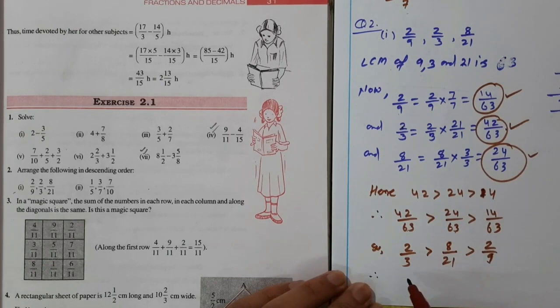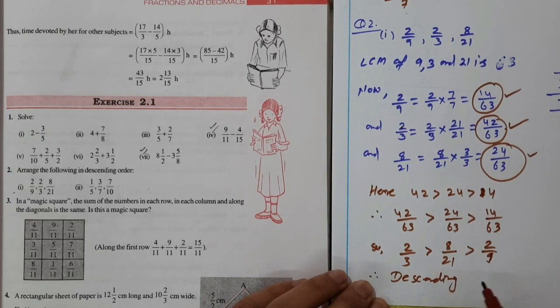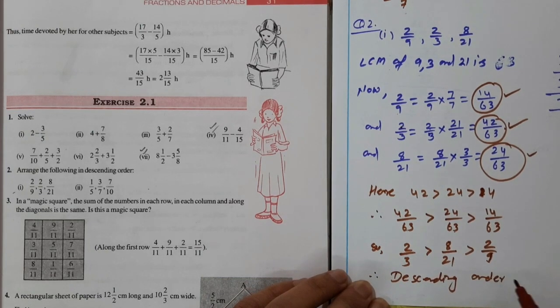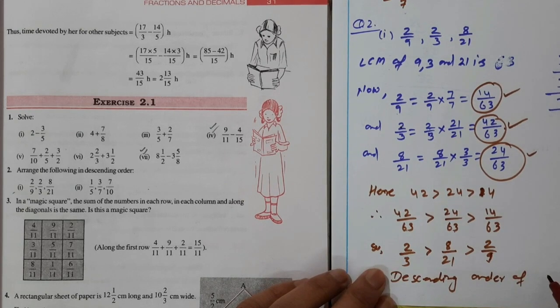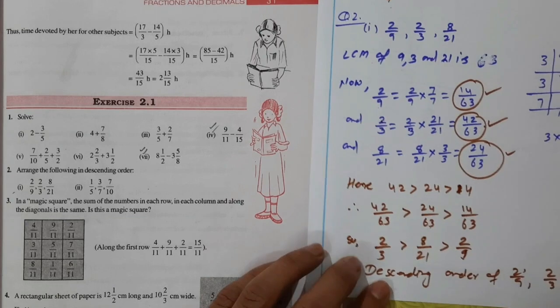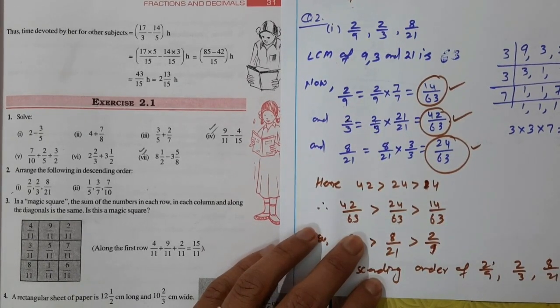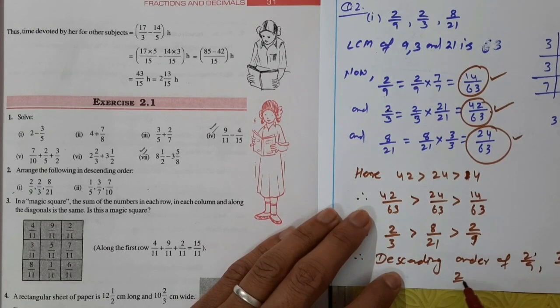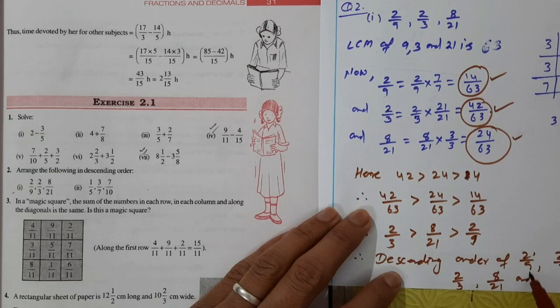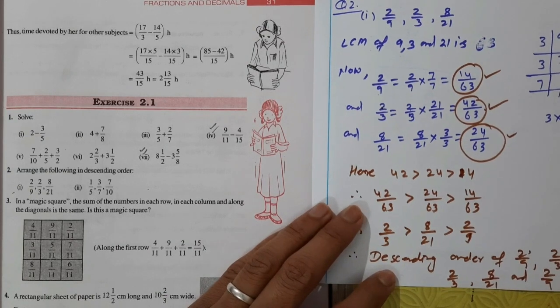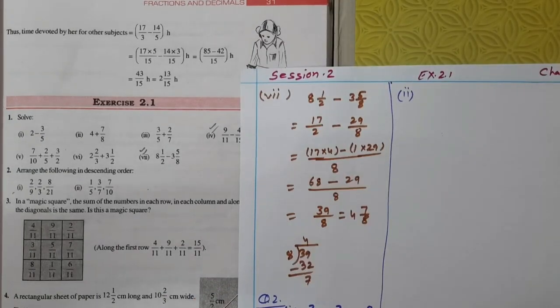Therefore the descending order of 2/9, 2/3 and 8/21 is 2/3, 8/21 and 2/9.